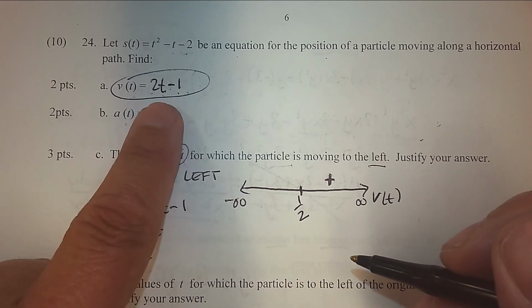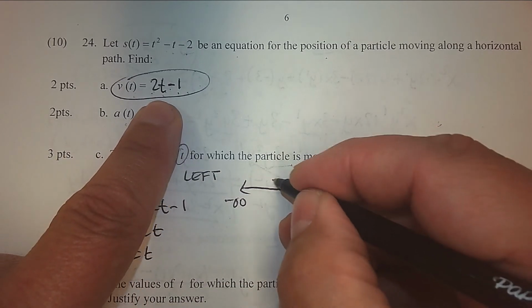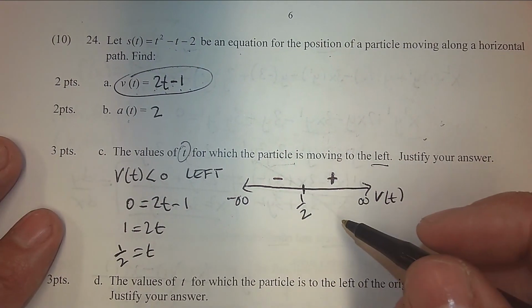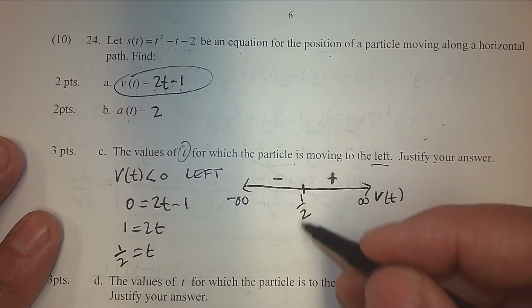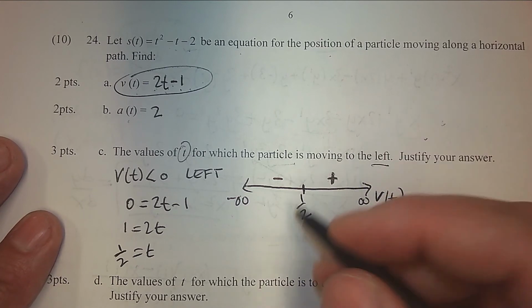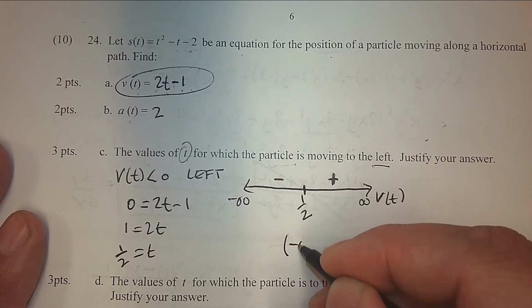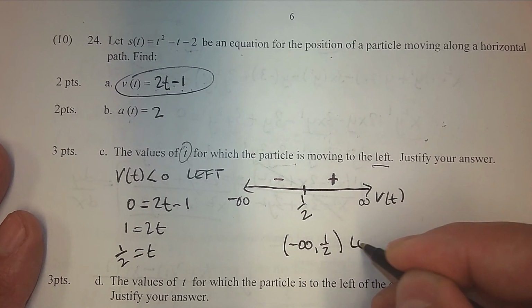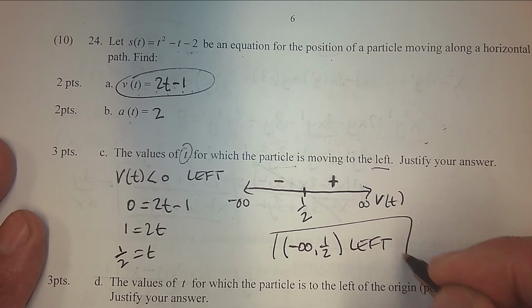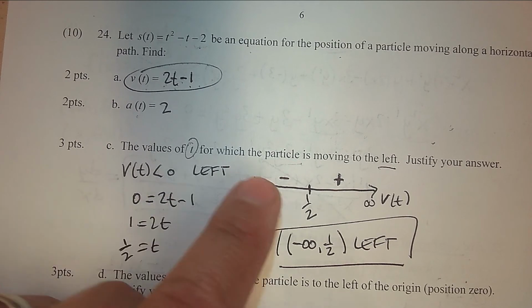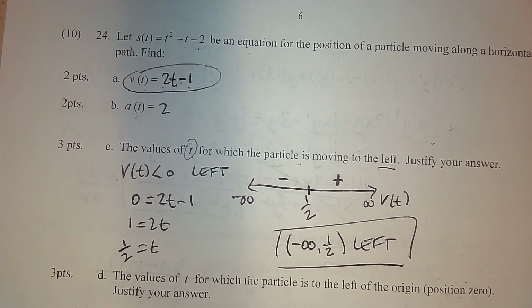And if I plug in 0 for t, the answer is negative. So what I've noticed is it's moving to the right after 1/2 and moving to the left before it. So when is the particle moving to the left? Well, it's moving to the left from negative infinity to 1/2. And we justified the answer by finding the derivative and by showing that velocity number line.